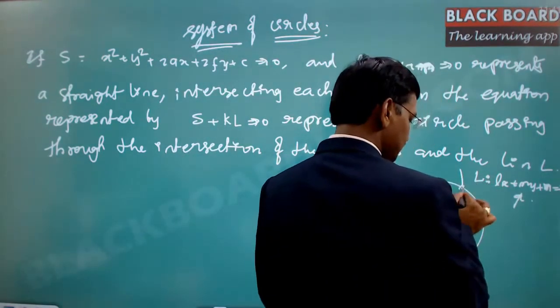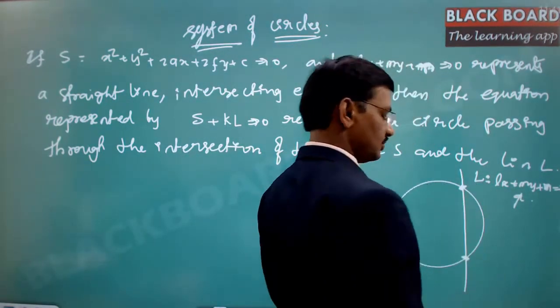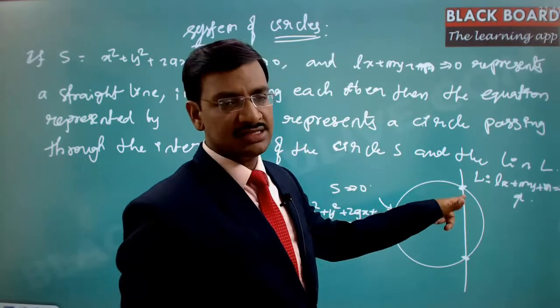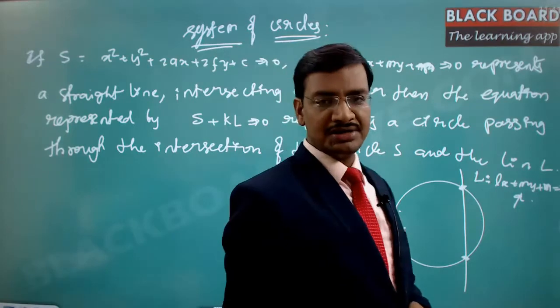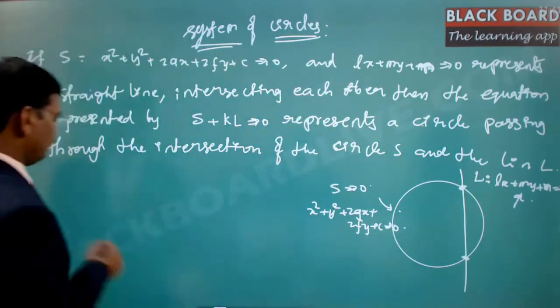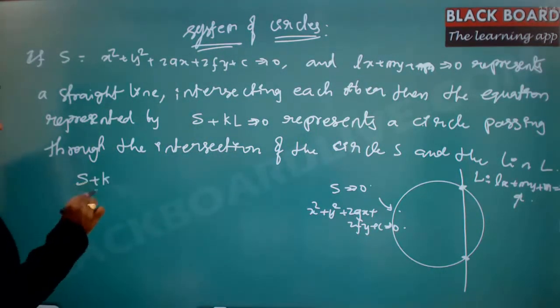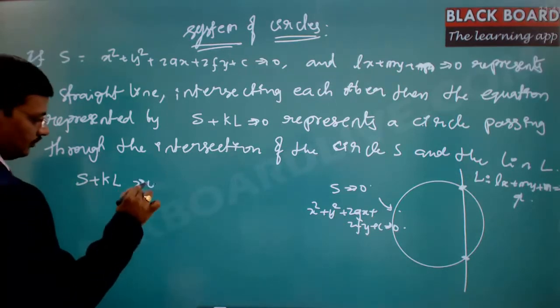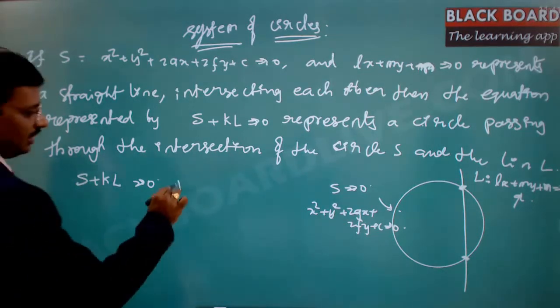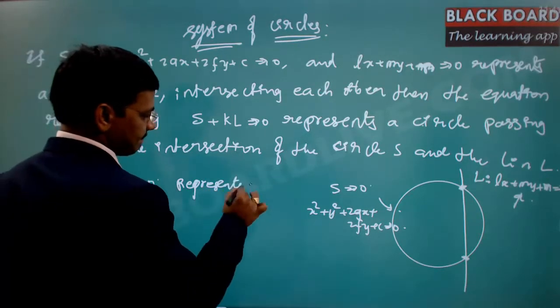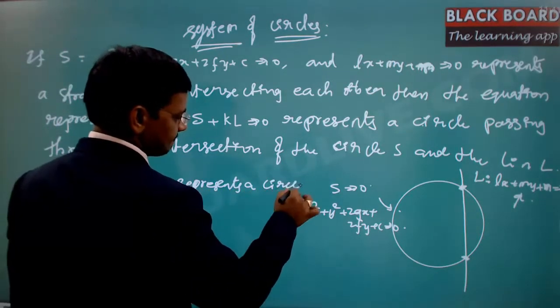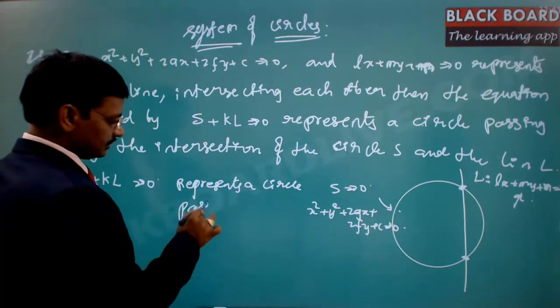Now there is an intersection point of these two. Here it is intersecting with the circle, and here also it is intersecting with the circle. Now what we are interested in is, if there is an equation S plus some K times L equal to 0, this equation represents a circle passing through the intersections.